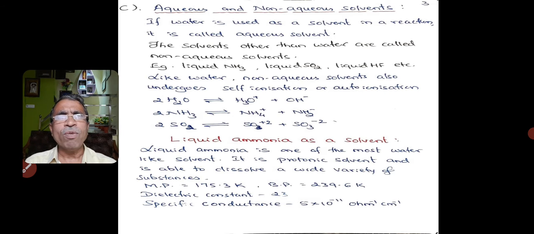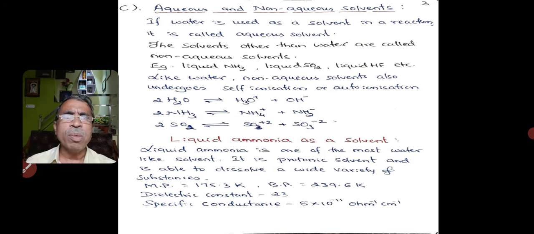So, if you take water, two molecules of water undergo dissociation to form H3O+, known as the hydronium ion, and OH-, known as the hydroxide ion.